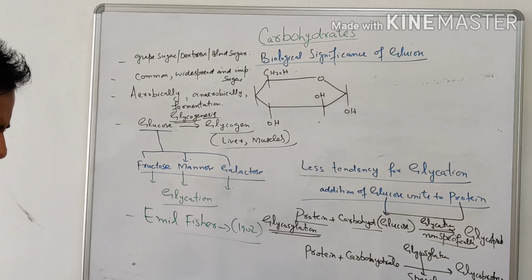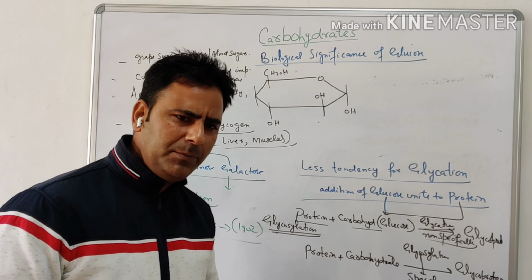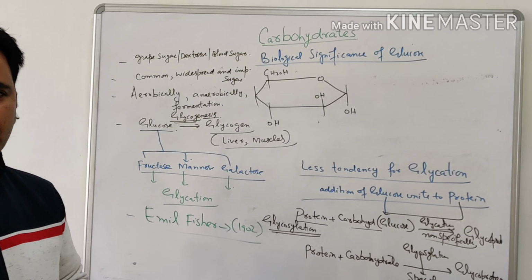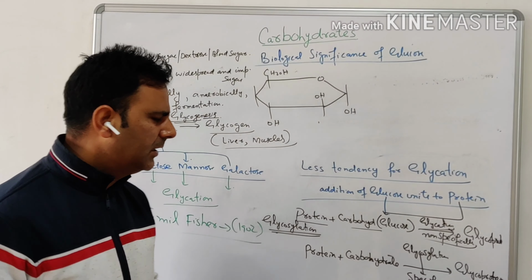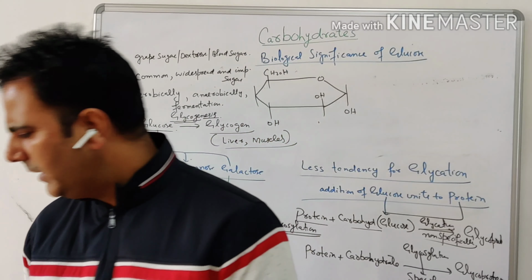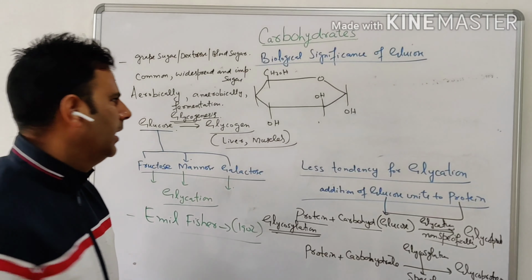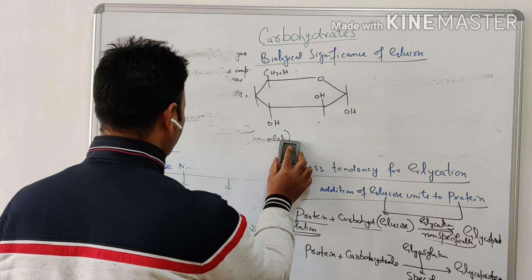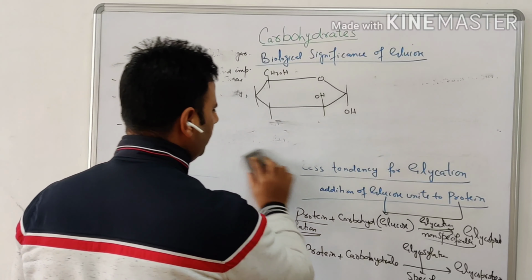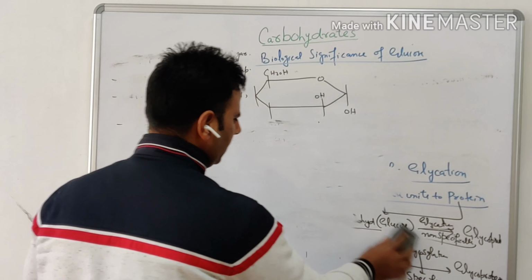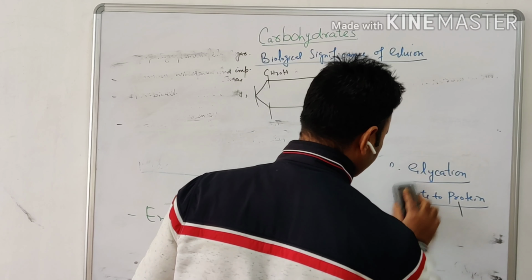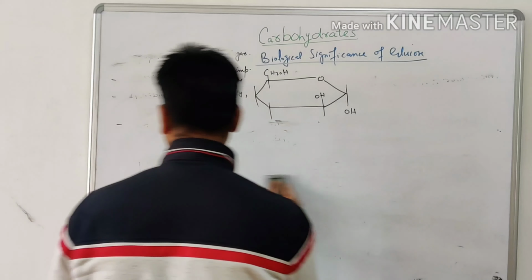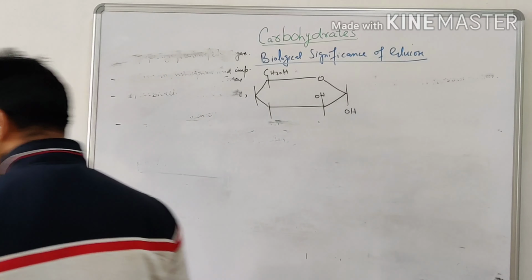Right? There is one more thing which we call the glycemic index. It is used in diabetic patients, because this index tells us which food has more sugar and which food has less sugar.